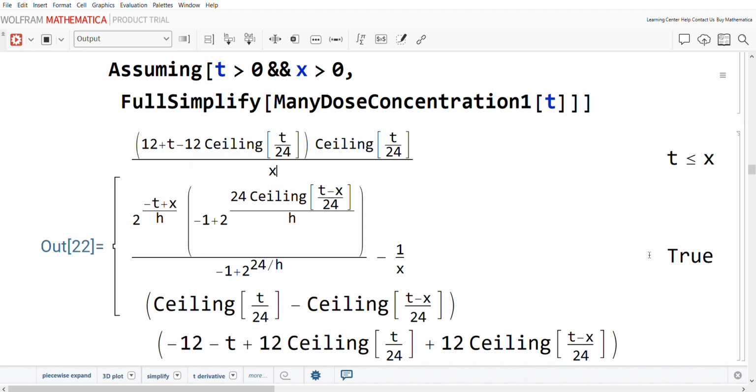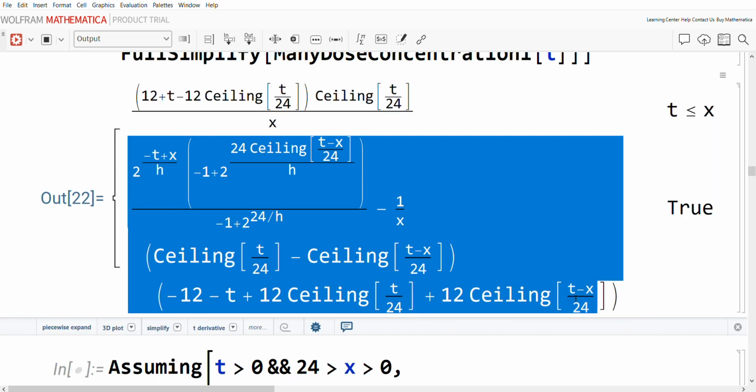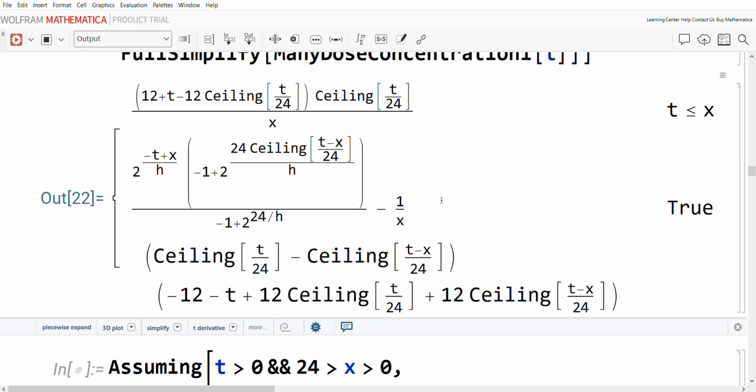And then for T greater than X, you get this thing. Okay, and that's pretty cool. It's not easy to remember, but it fits on one page, so it's not too bad.